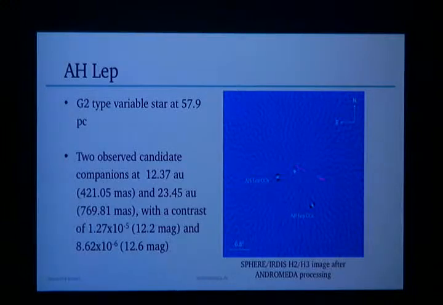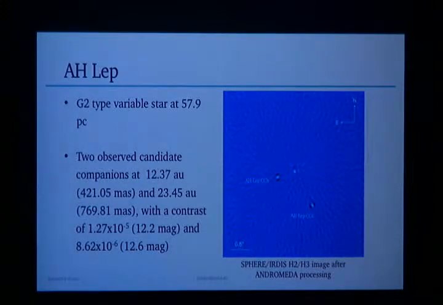And they are at around 12 and 23 AU from HLEP. And this is an infrared image from SPHERE after the post-processing using, sorry, I forgot to mention this is one of the several pipelines that you can use to do post-processing, called Andromeda.